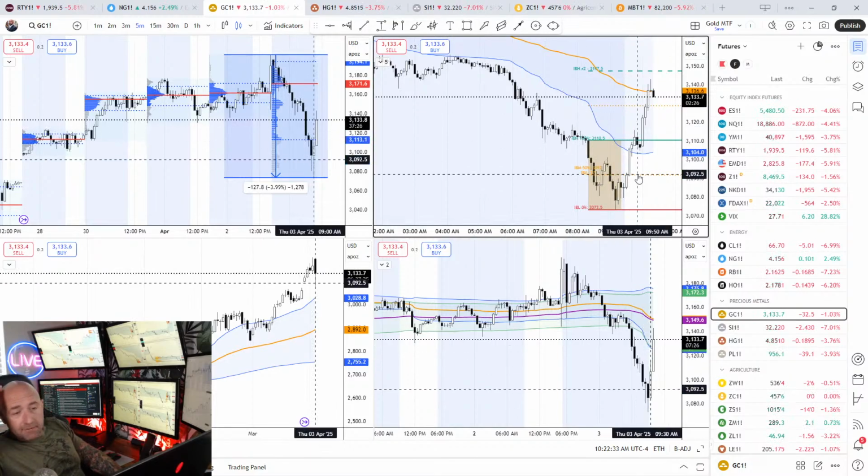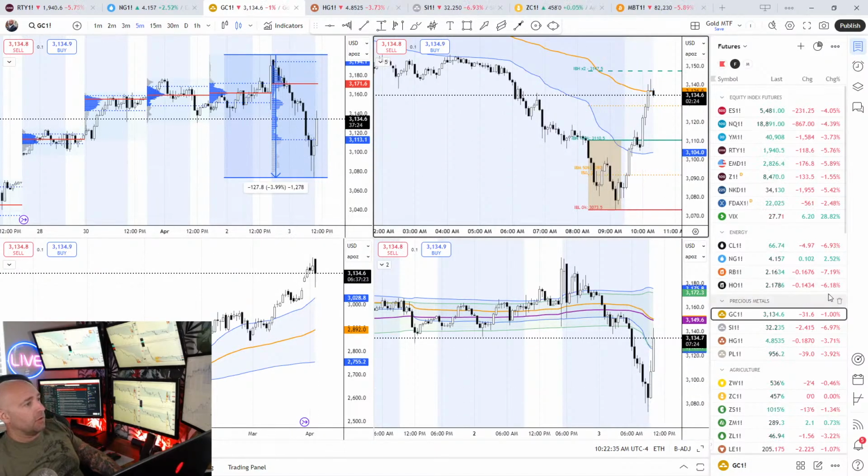And gold is a lot safer to trade right now because gold's only down 1%, right? A lot of these prop firms have limit down rules, and you shouldn't be trading any of these that are down over 4%. Definitely not over 5%. Russell is completely off limits right now.